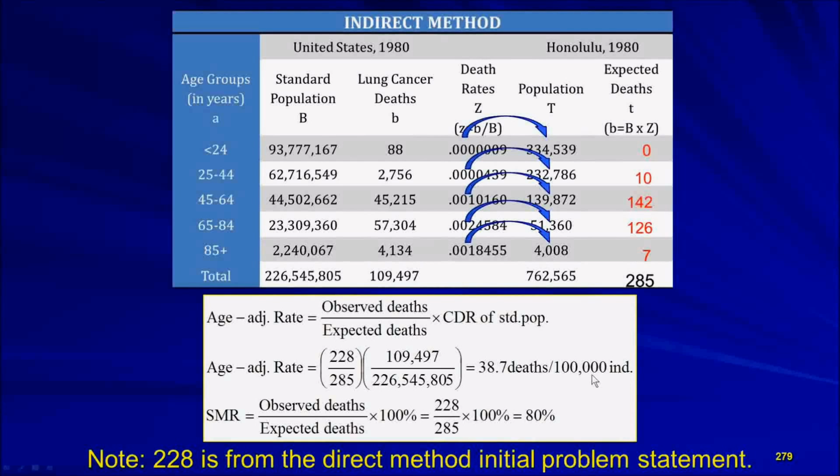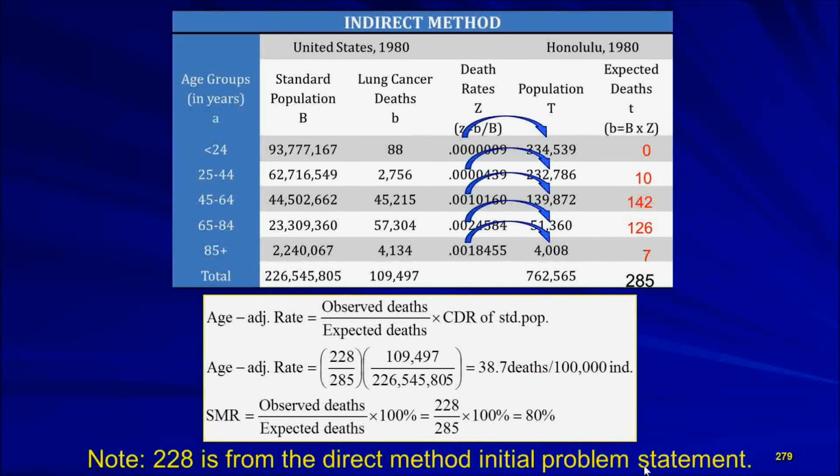Now, we also get a percentage, and we divide these two numbers, the observed and the expected, to come up with 80%, and I'll explain that in a minute. Remember that this value, the 228, is from the direct method initial problem statement, and you can go back real quickly, thumb through your manual, and get that information.